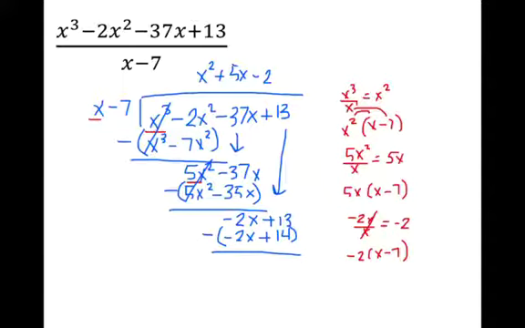Negative 2 minus negative 2 is really negative 2 plus 2, which is 0. 13 minus 14 is a negative 1. Once I get to this point, x doesn't go into negative 1. So this last number right here is your remainder.